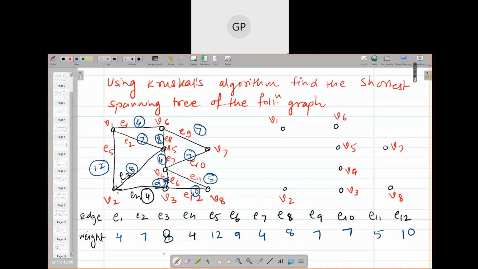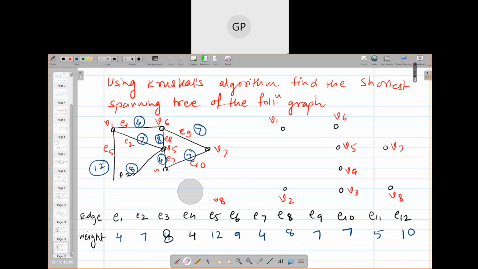Has everyone understood this? Okay, I am duplicating this page now. So I want to rearrange the weights of the edges. Okay, so I'm erasing this graph.